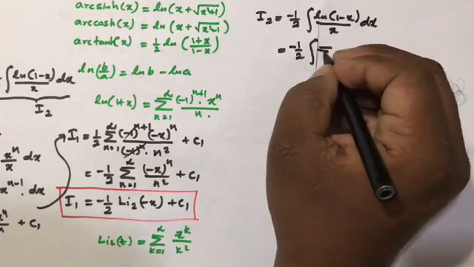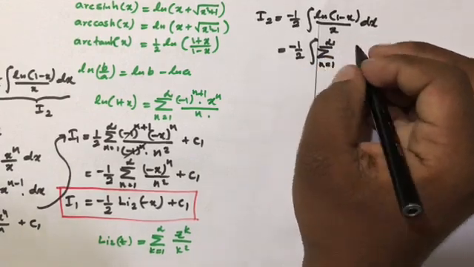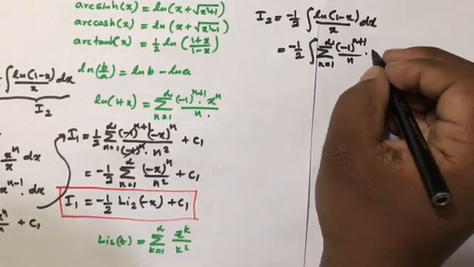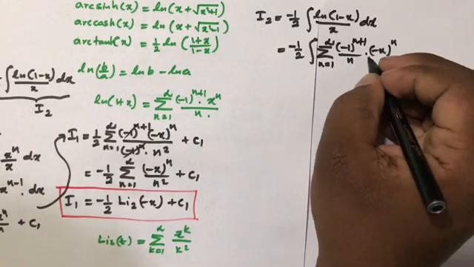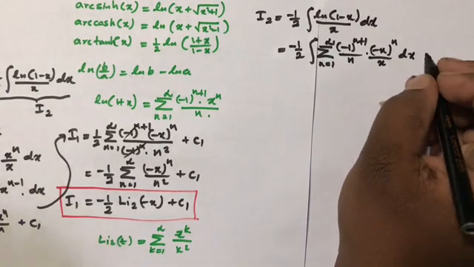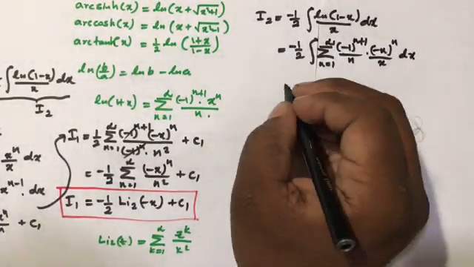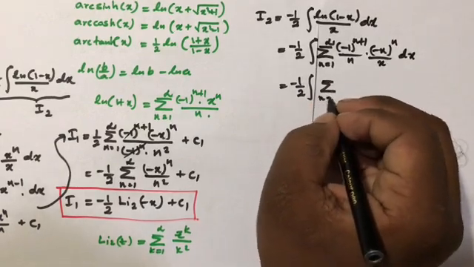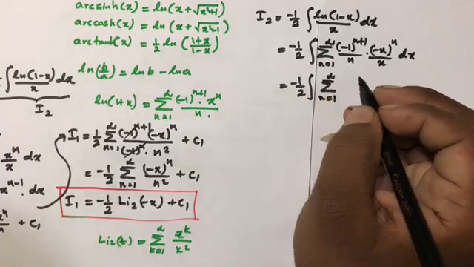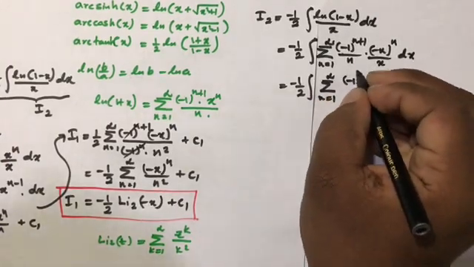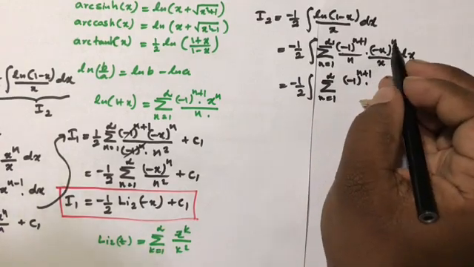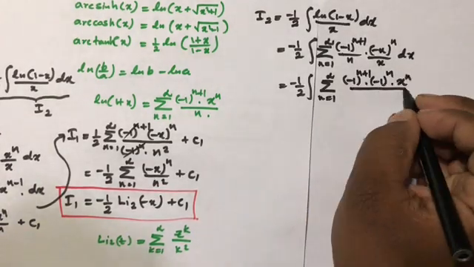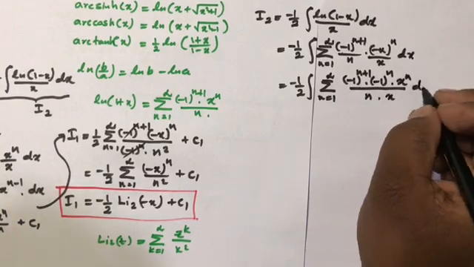So we can write now the infinite sum n equal 1 to infinity, minus 1 to the n plus 1 power over n times minus x to the n power over here x dx. Okay, then we can write now minus 1/2 integral of the infinite sum n equal 1 to infinity, minus 1 to the n plus 1 power, and here minus 1 to the n x to the n, over n times x dx.